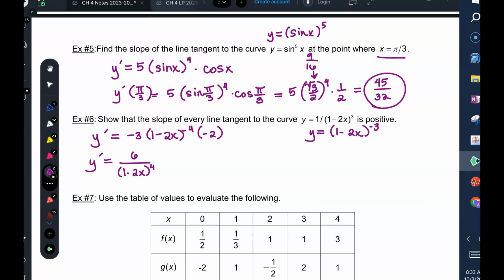Okay, so what do we want to show? That the slope is always positive. Well, the numerator is positive, the denominator is positive. So 6 is greater than 0, and 1 minus 2x to the fourth is greater than 0. Therefore, y prime is greater than 0.